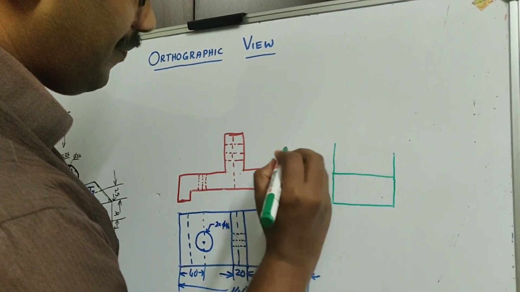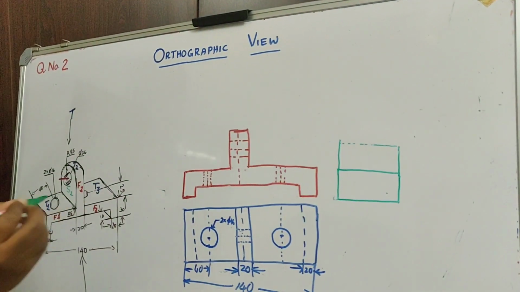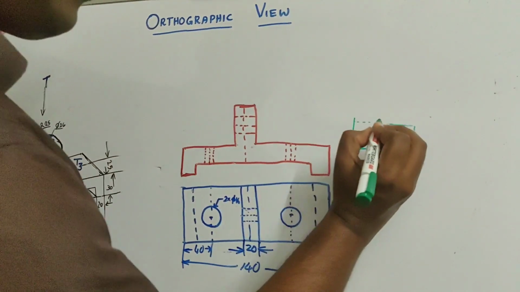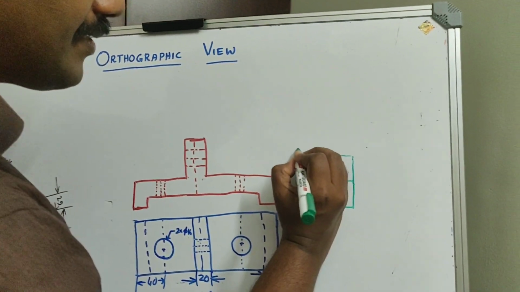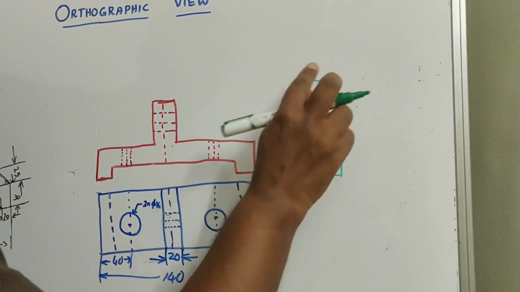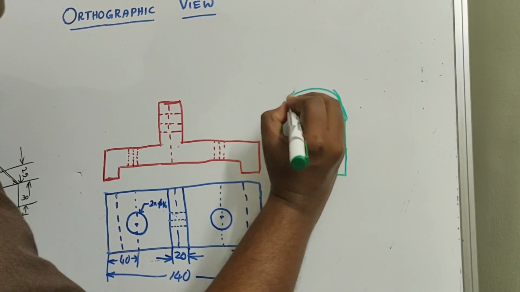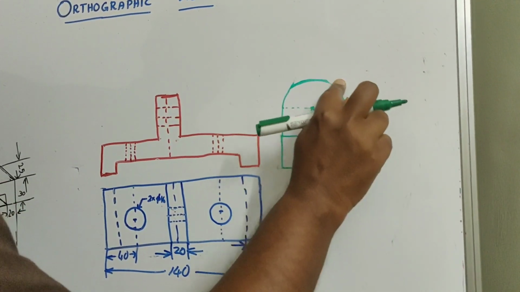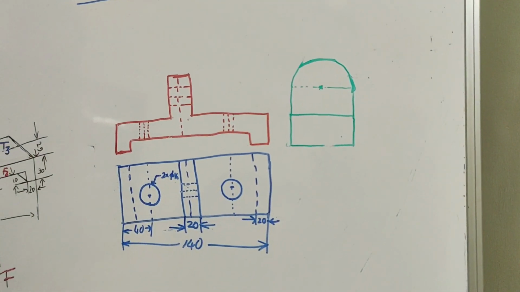That is the middle portion. Then taking this as center and 25 as radius, we can draw an arc.